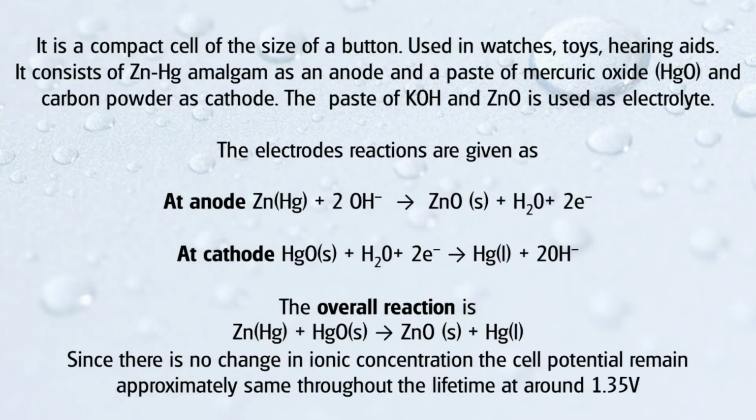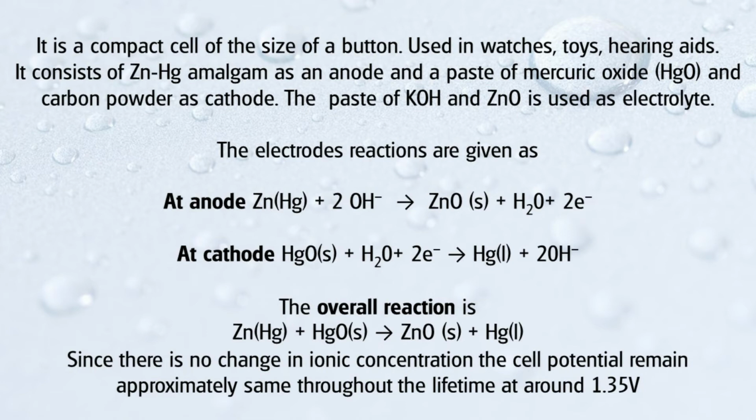It is used in very small devices like hand watches, toys, hearing aids, etc. It consists of zinc amalgam, which acts as anode, and a paste of mercuric oxide and carbon acts as cathode. The paste of potassium hydroxide and zinc oxide is used as electrolyte.